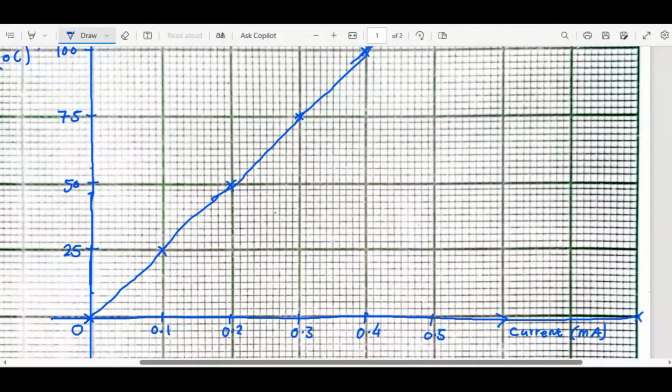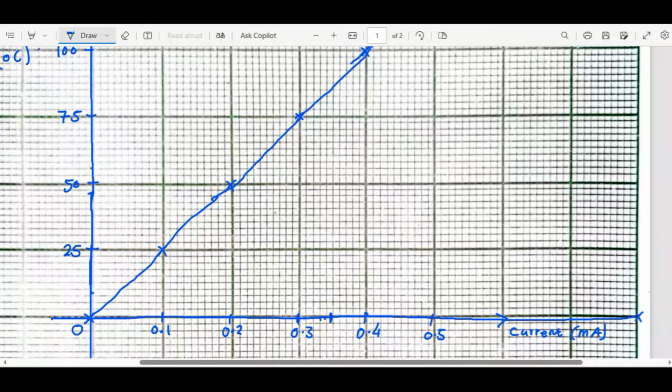So we need to identify where 0.35 is. So 0.3 is here. So 0.35 is between 0.3 and 0.4. So I'm going to say 0.1, 2, 3, 4. So 0.35 is here. So what are we supposed to do now?